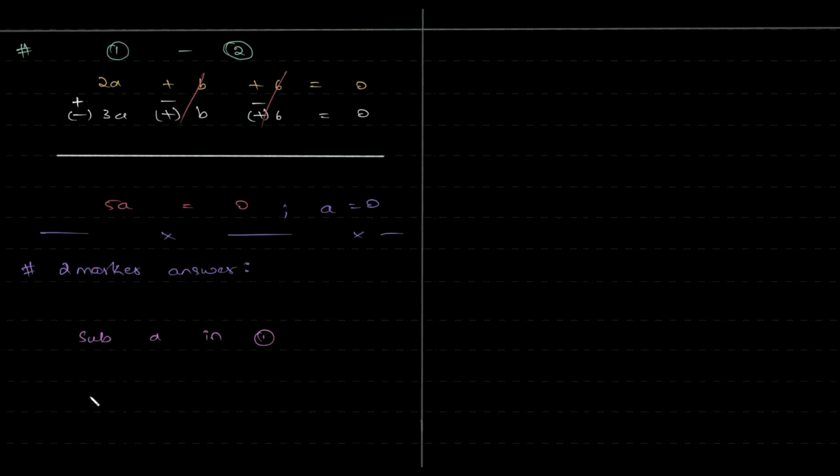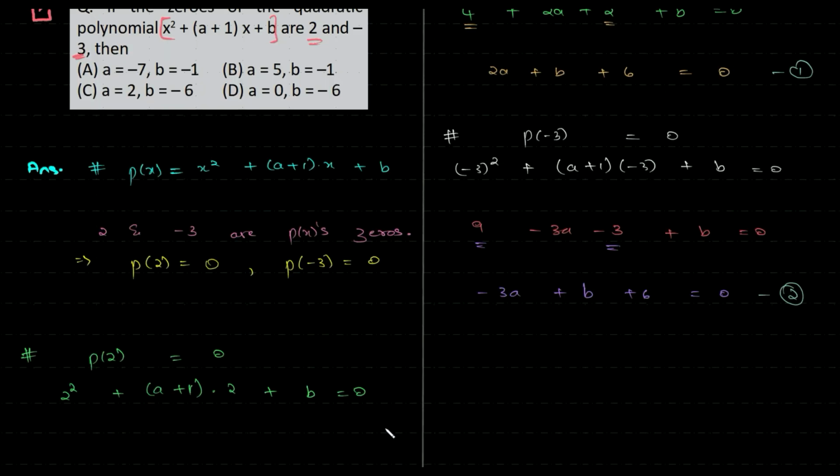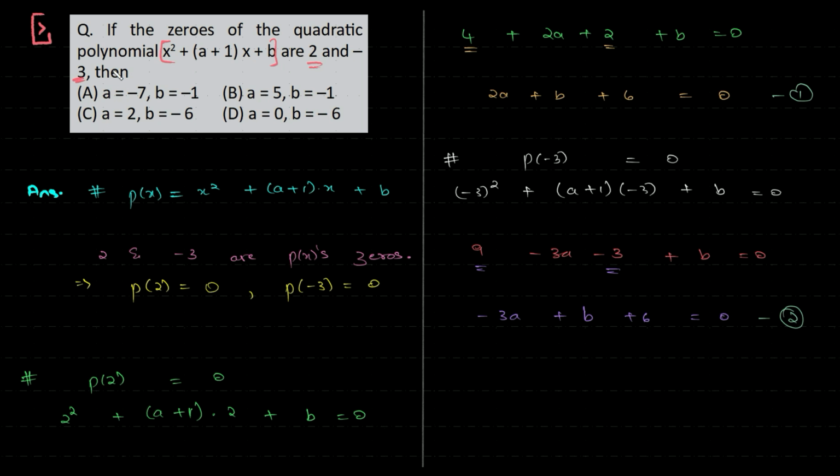So we have 2 into 0 plus b plus 6 is equal to 0. So this is 0. 0 plus anything is the same thing. So if I transpose this, it will be minus 6. Right, guys? So you don't have to write all of that in your MCQ question. If the same question comes for a 2-marker or 3-marker, you need to show all of that working. Okay, so you can pause and have a look.